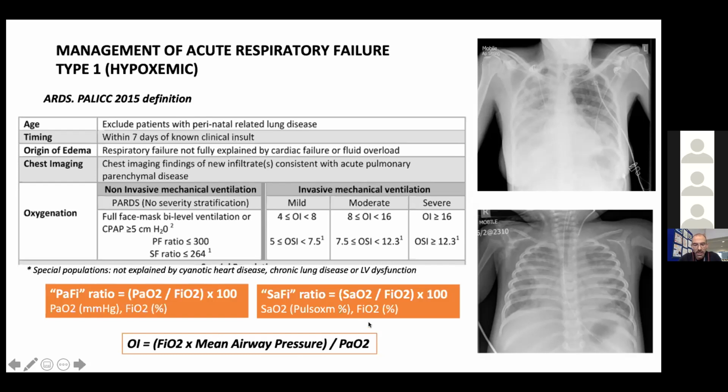And when we have an oxygenation index beyond 10 to 15, we say that the child has severe ARDS. We need to consider other forms of medical management, okay? So we should probably use non-conventional modes, which we can do in pediatrics, like high frequency oscillatory ventilation. We can do prone positioning, or we can even refer children for ECMO, okay?